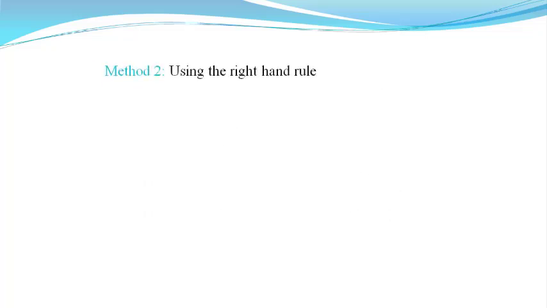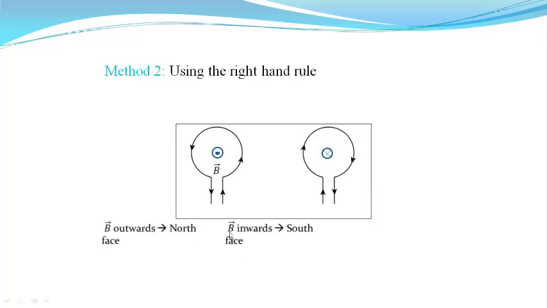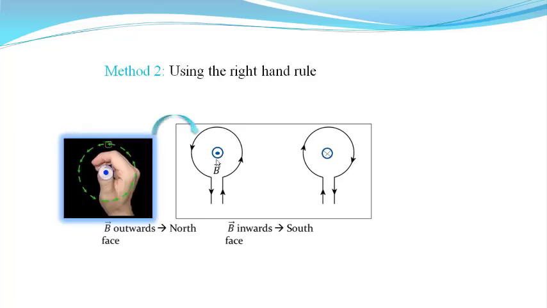Second method, using the right hand rule. In the first case, curl your fingers in the direction of the current. Then your thumb will direct you in the direction of the magnetic field. In this case, the magnetic field is outwards the face, so it leaves the face.